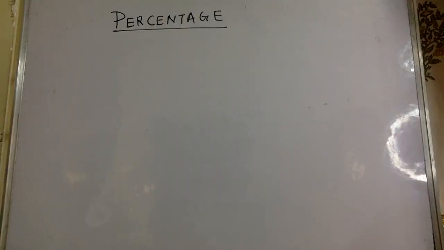Okay, so listen carefully and see what exactly percentage is and how to do the sums. As you proceed through the video, you will also understand why you find it tough. So in this chapter we have to understand what percentage basically is.